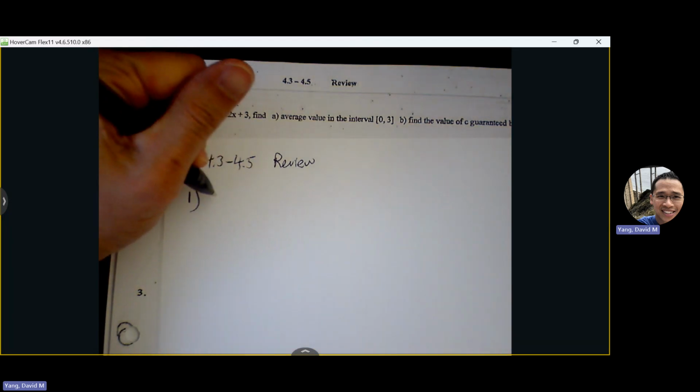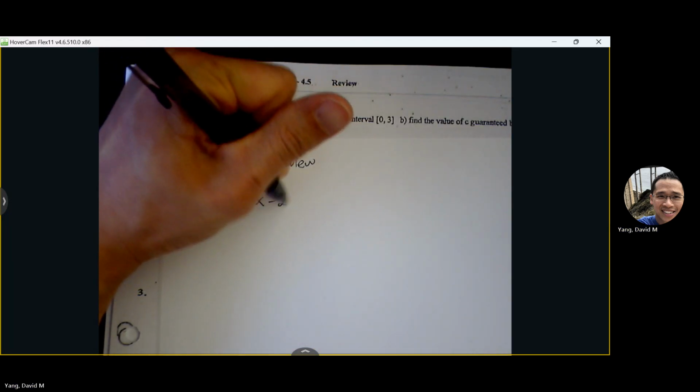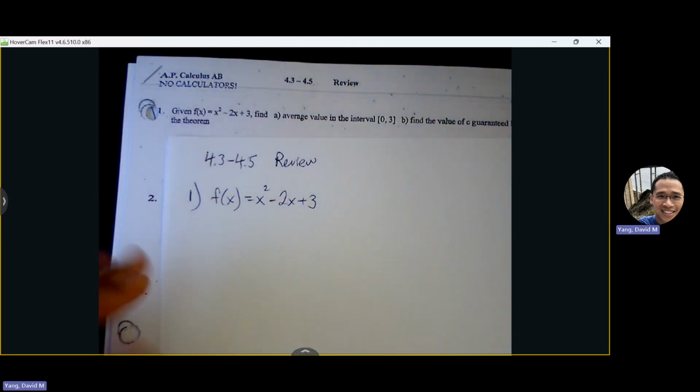Okay, so it says, given f of x, find the average value.